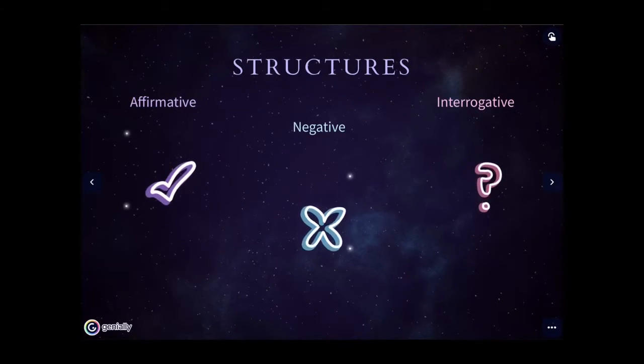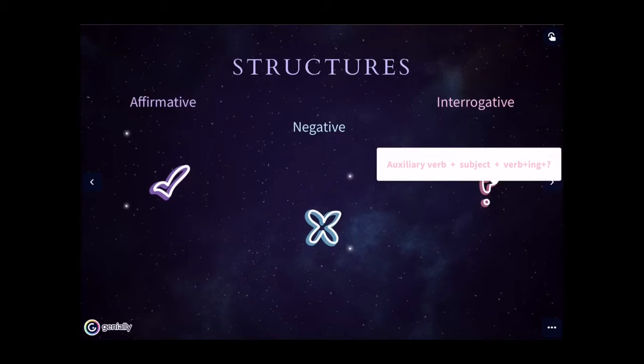The interrogative form. In the interrogative form, first we add the auxiliary verb and the subject. We move the verb before the subject. Then we add the verb plus the ing and the question sign.